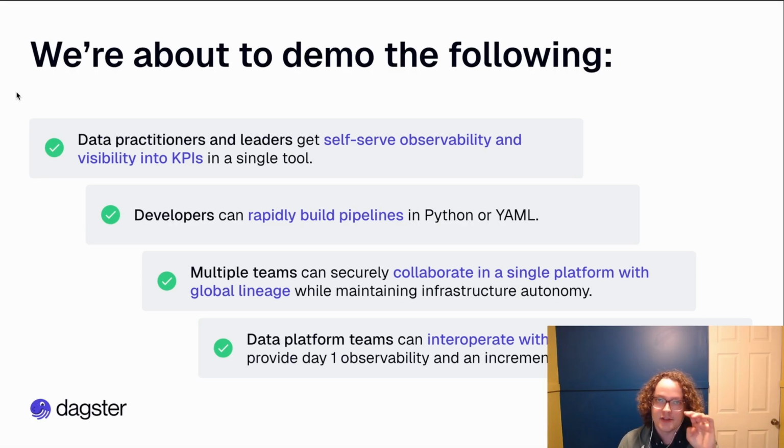They cannot destroy each other's work. If their code location goes down, they don't hurt anybody else's code location. But at the same time, they can all have a single pane of glass. They can all see things in one place. And we talked about how you can interoperate with legacy platforms to be able to get observability, and also to be able to either eventually deprecate or just keep the lights on for any of your pipelines.